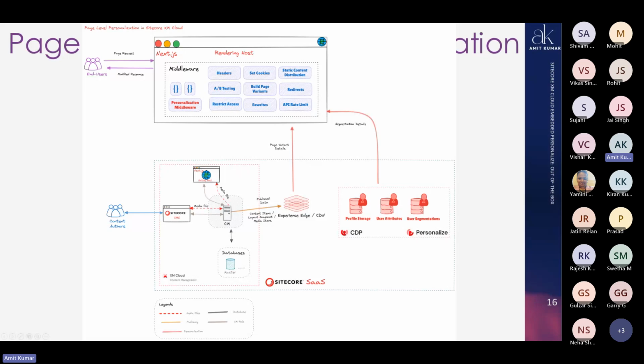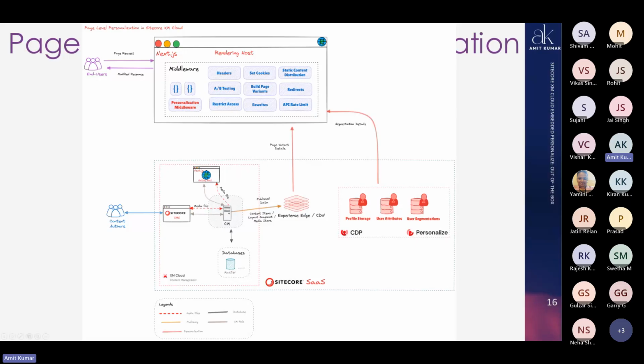Middleware is a mechanism in the headless implementation, like you have the pipeline in Sitecore MVC where you can manipulate the output of a user request before serving it to the end user. In the same way you can think of middleware where you can change the output which you need to serve to the user.